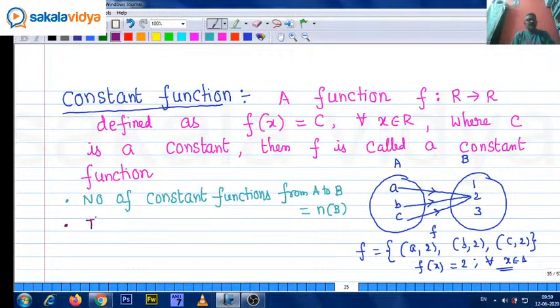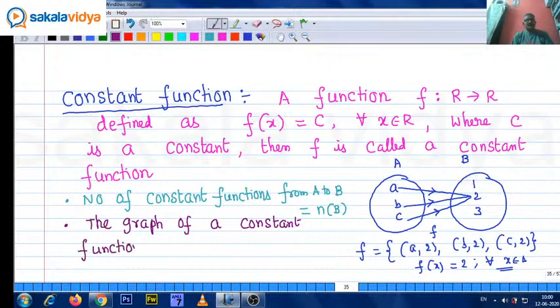The number of constant functions. And the graph of a constant function is a straight line parallel to the x-axis.